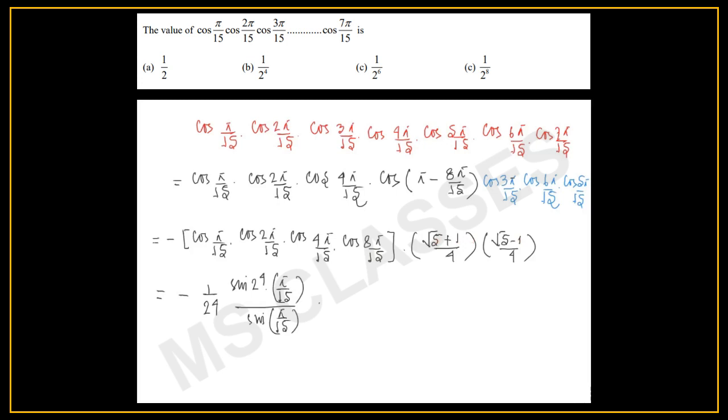So that is 5 minus 1 by 4 into 1 by 4. Now we can understand here that 4 by 4 cancels out and we're left with 1 by 4.